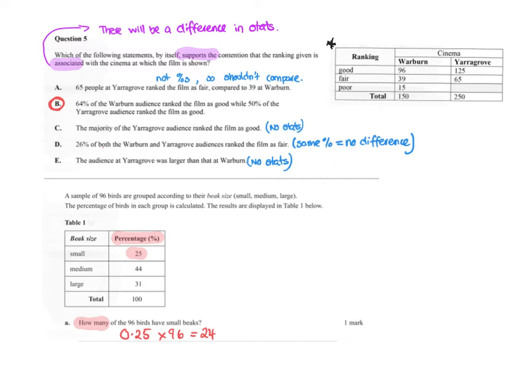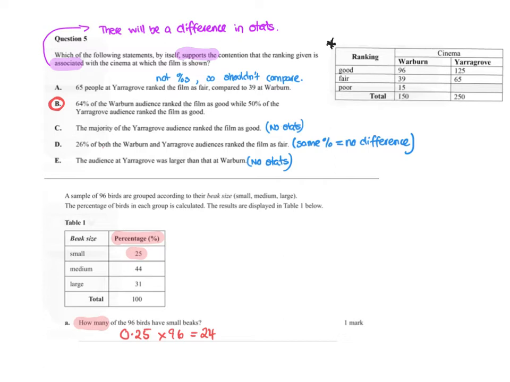So if you want to say that it supports the contention that the ranking is associated with the cinema, we would see a higher percentage of one of those rankings at one of the cinemas.